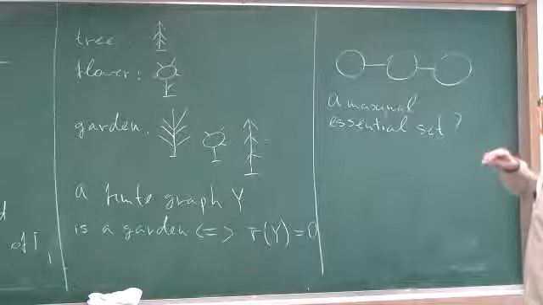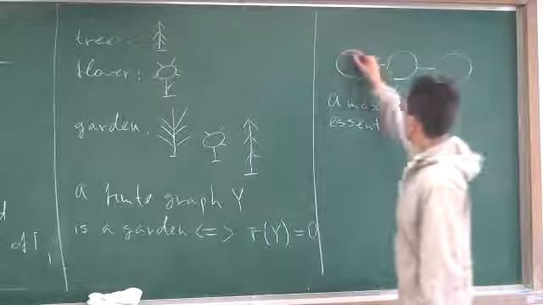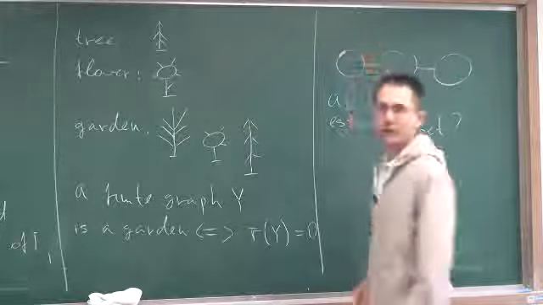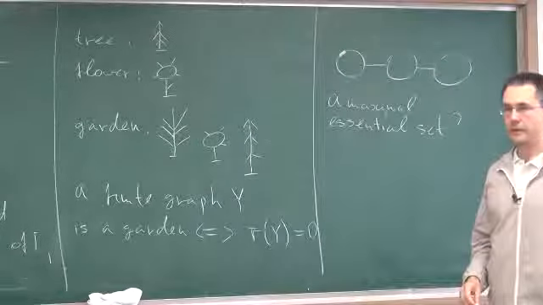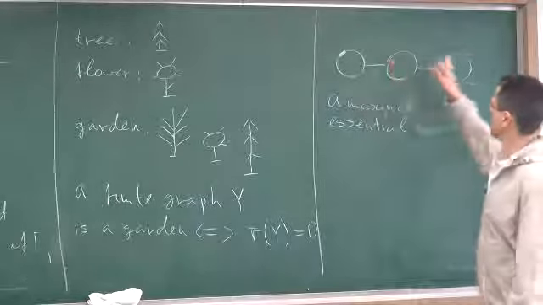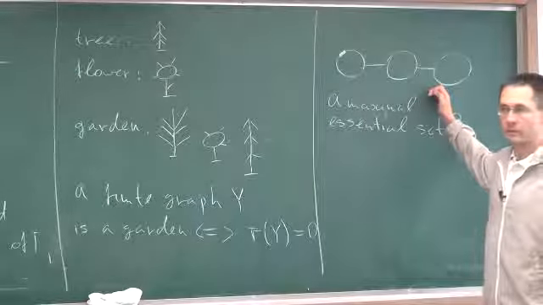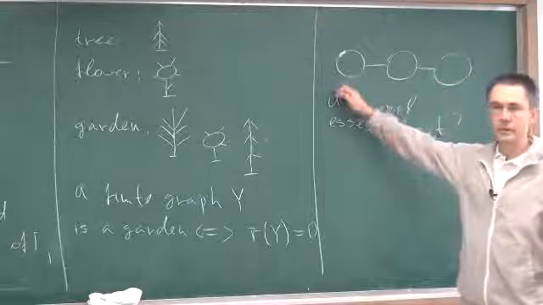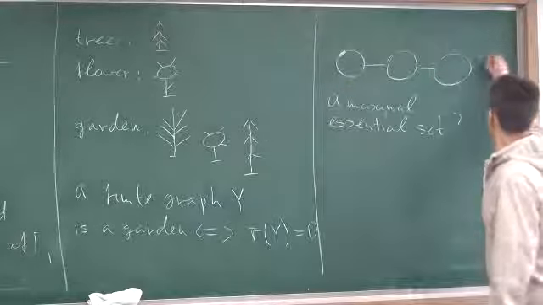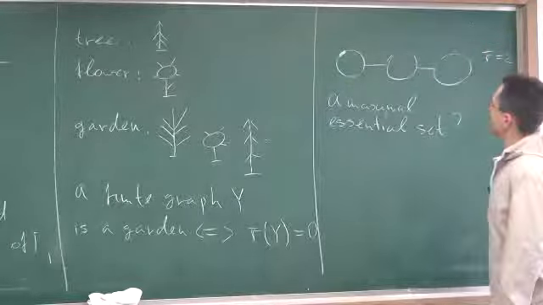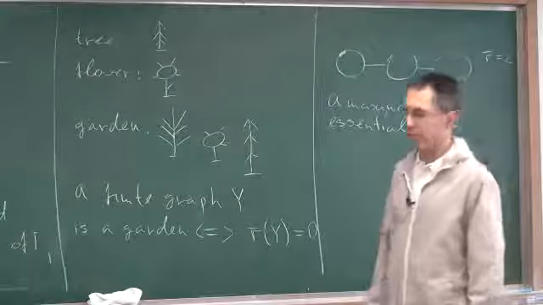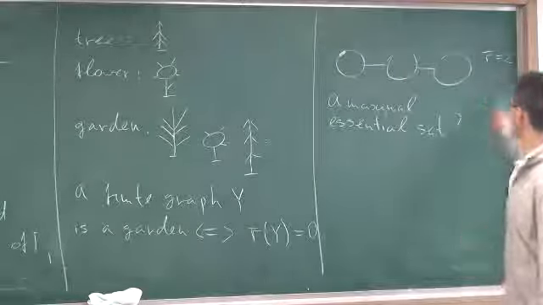Let's try to find at least 2 choices. So I could pick an edge here somewhere and remove that from the graph. What is the reduced rank, first of all, of this graph? The usual rank is 3, so the reduced rank would be 2. So we know that in a maximal essential set there will be 2 edges.